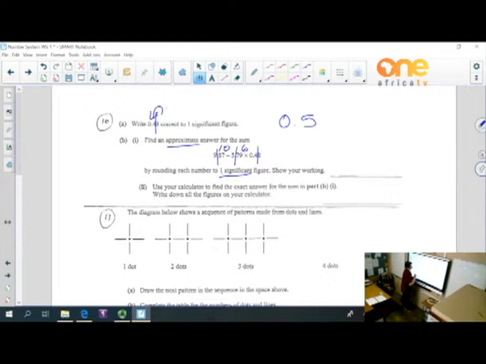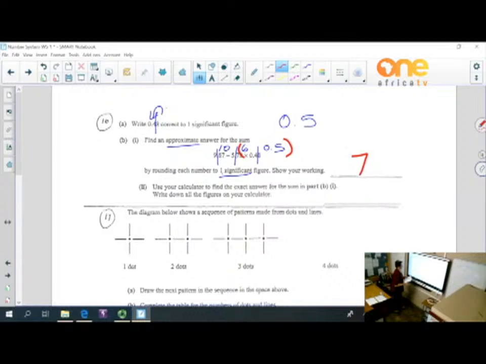One significant figure is there, which will make it 0.5. So 10 minus 6 times 0.5. BODMAS, I'll still have to look at BODMAS. So it means first that half of 6 is then 3, and 10 minus 3 is equal to 7.